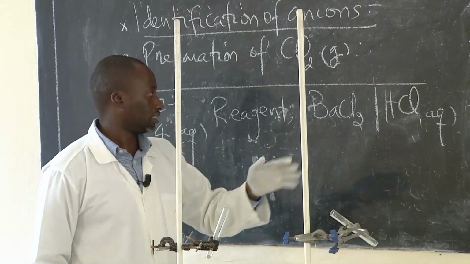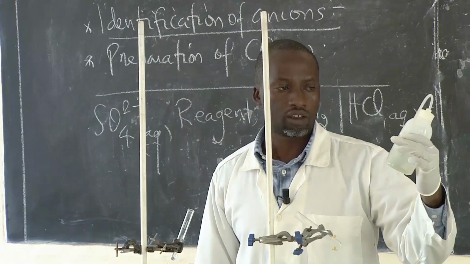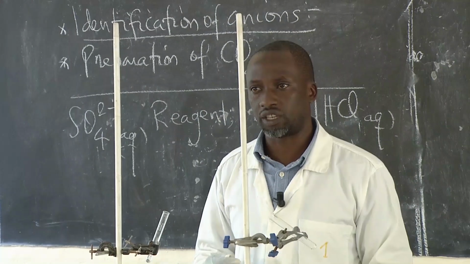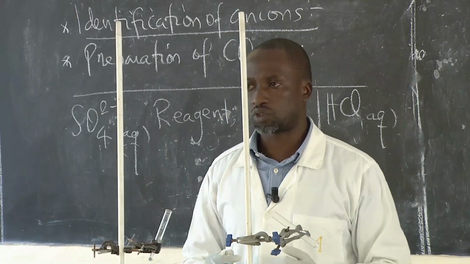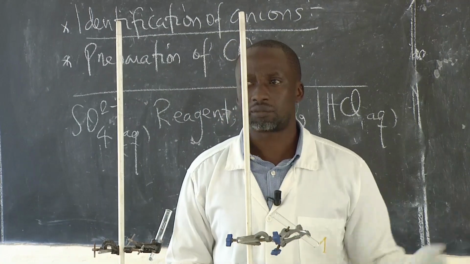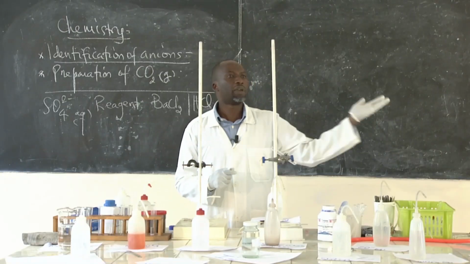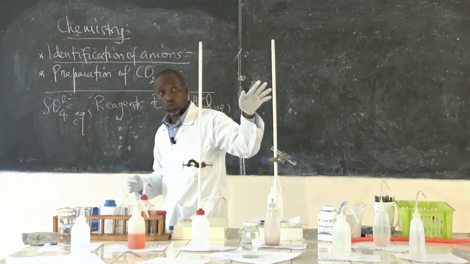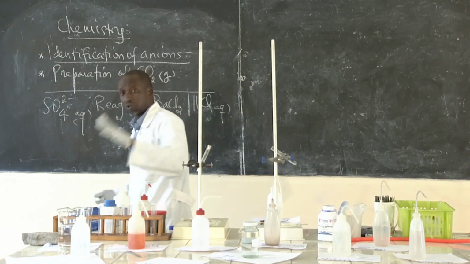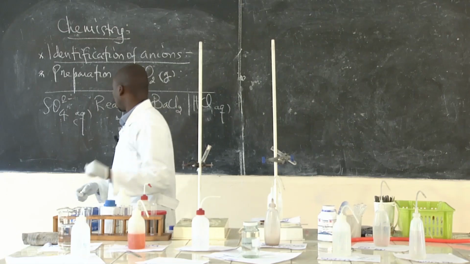Remember I said the sulfate ions are obtained from any soluble sulfate. You can mention any soluble sulfate: sodium sulfate, magnesium sulfate, copper sulfate, and many other sulfates, except those insoluble ones that we mentioned: lead, barium, and calcium.